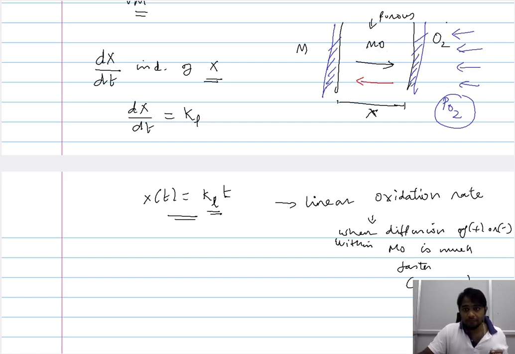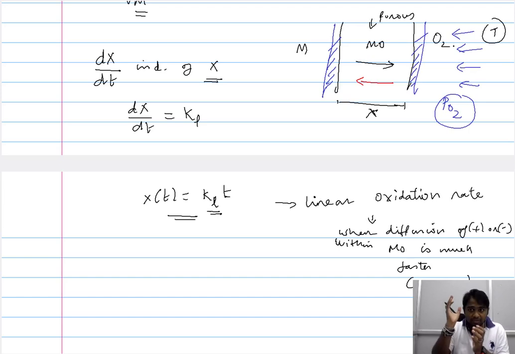The one influence comes from the diffusivity within the corrosive medium, the constant supply of the oxygen. So when you have an increased temperature, the essential supply of oxygen is ensured and the linear oxidation rate is sustained.